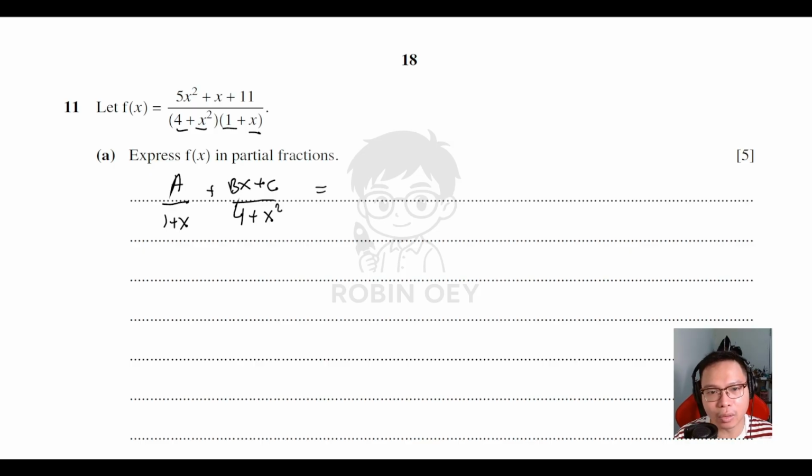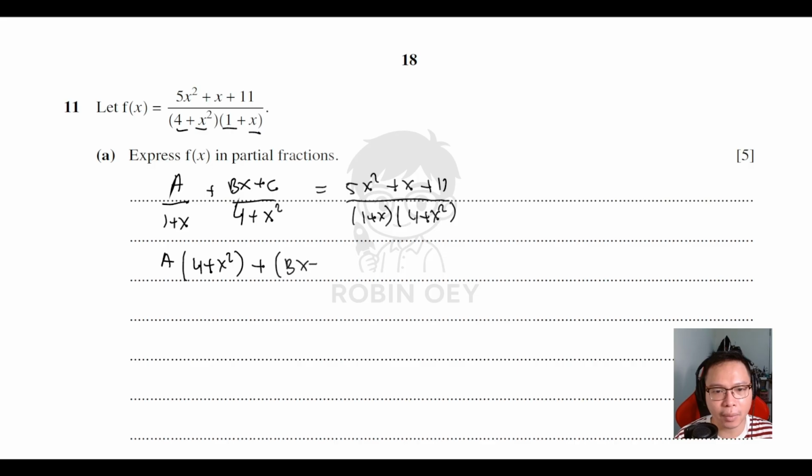So this equals 5x squared plus x plus 11 over 4 plus x squared, we just rewrite it. Now we cross multiply: A(4 plus x squared) plus (Bx plus C) times (x plus 1) equals 5x squared plus x plus 11.